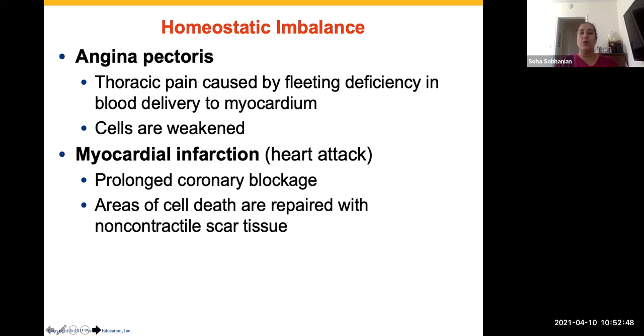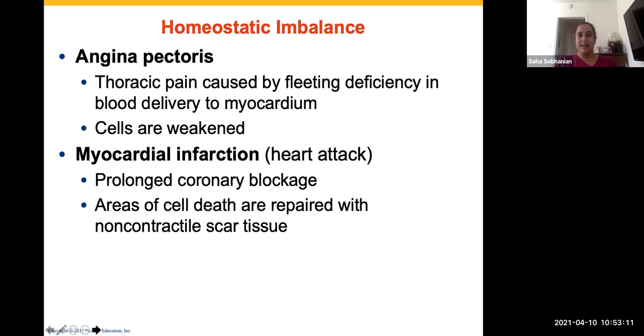So the cells are going to be weakened because they're not receiving enough oxygen. And again, the person is at a higher risk of a heart attack. Now, if they do actually have a heart attack, it's called myocardial infarction or simply a heart attack. This is when one or multiple coronary arteries are blocked.